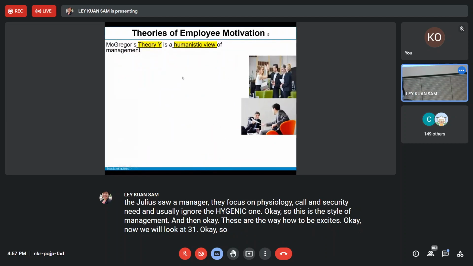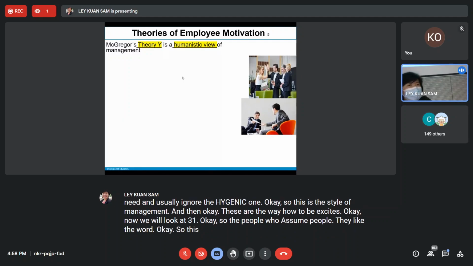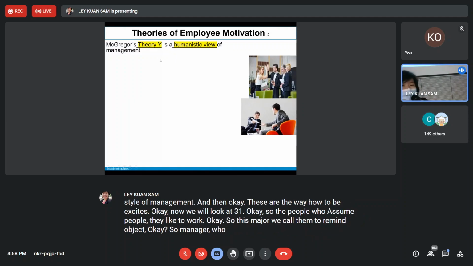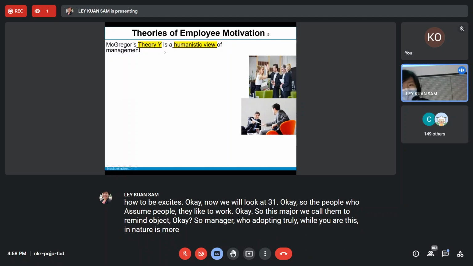Now we will look at Theory Y. These managers assume that people like to work, and we call them Theory Y managers. Managers who adopt the Theory Y view have a humanistic view of management.